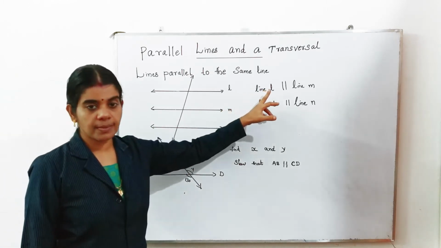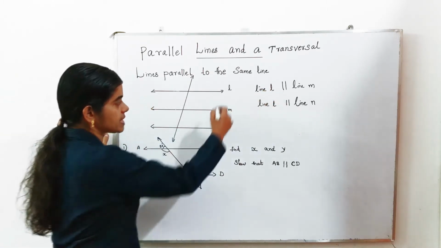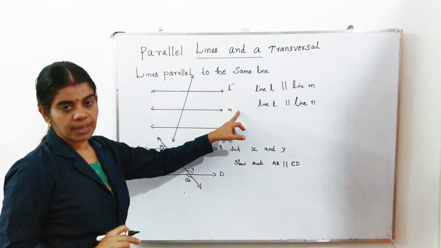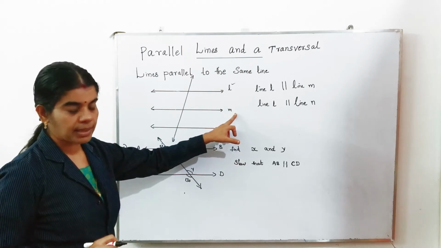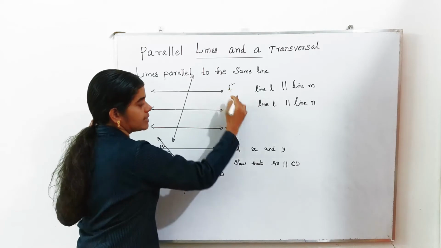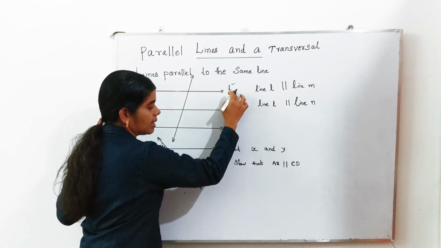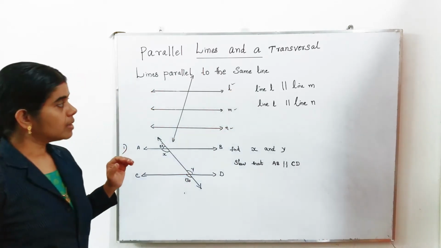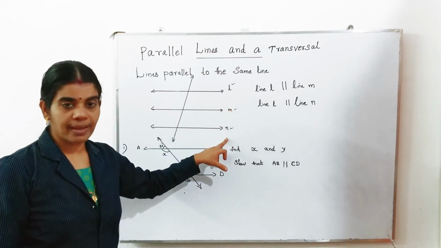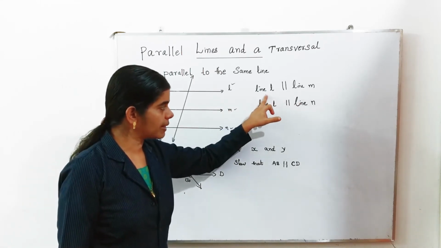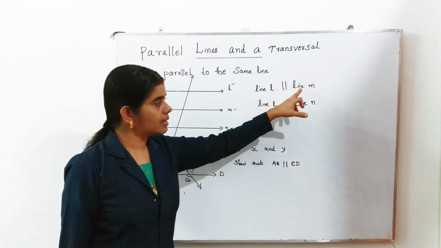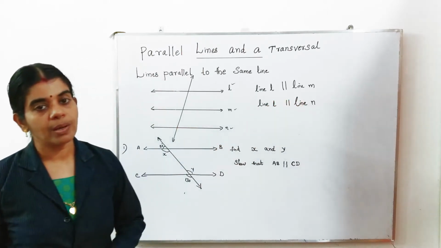It is already given in the question that line L is parallel to line M, and line L is parallel to line N. You want to know that if M is parallel to L, and N is also parallel to the same line L, then whether these two lines M and N will be parallel or not.